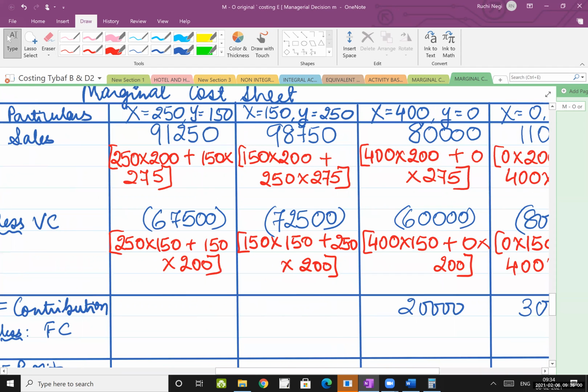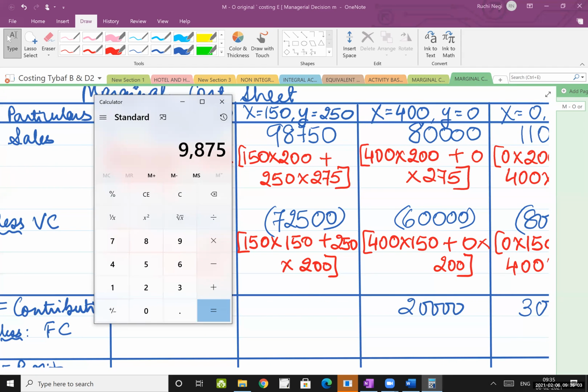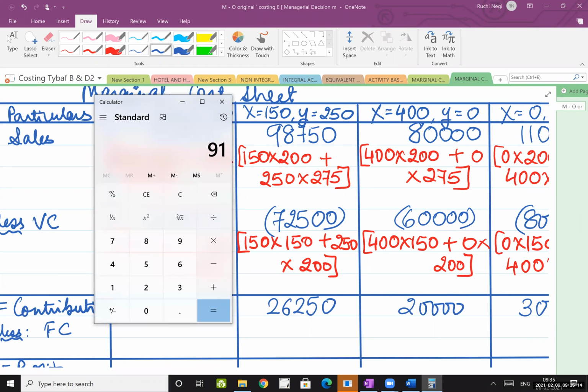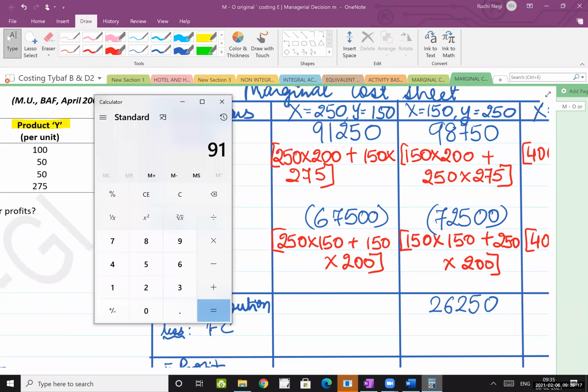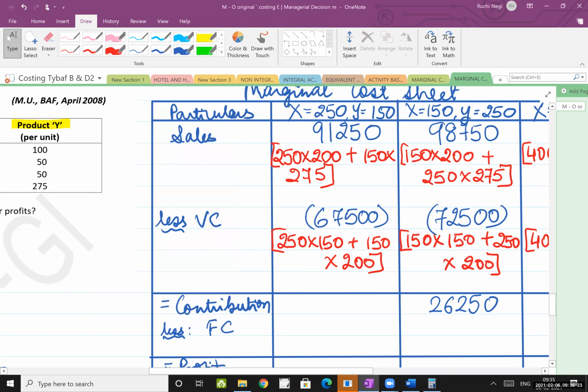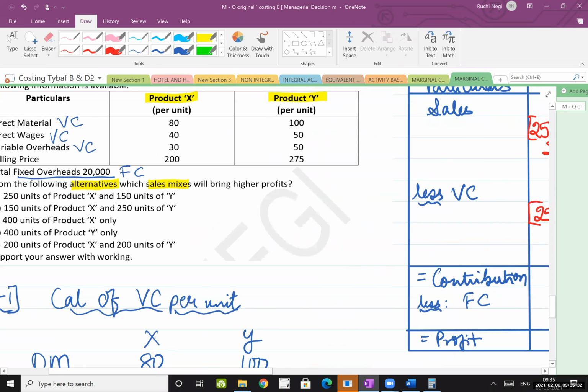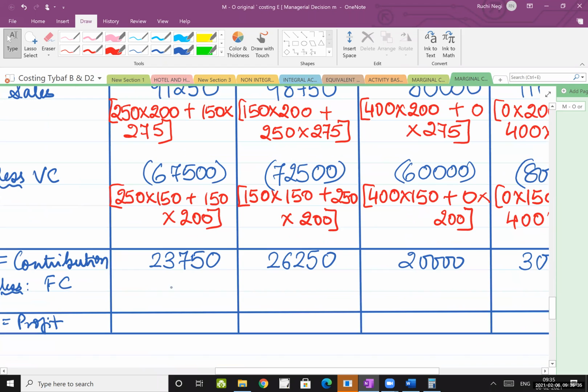Then 98,750 minus 72,500 is 26,250. And next, 91,250 minus 67,500, 23,750. Okay. Next, how much is the fixed cost? 20,000 is my fixed cost. So subtract 20,000 from each option.